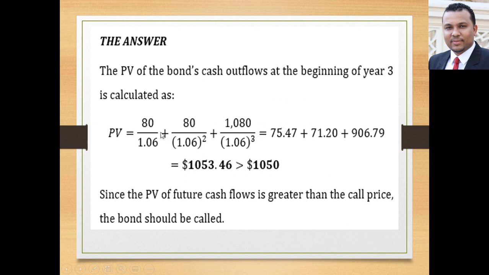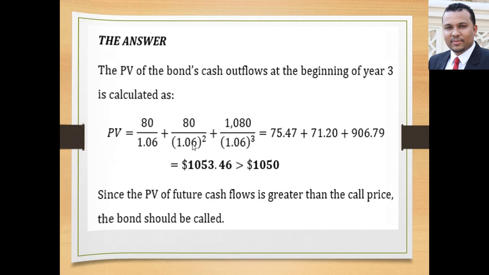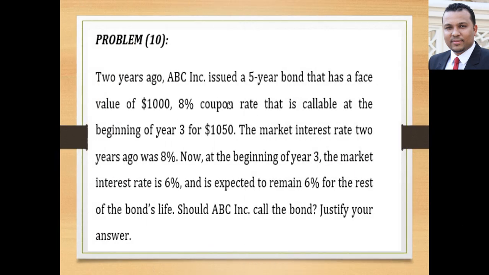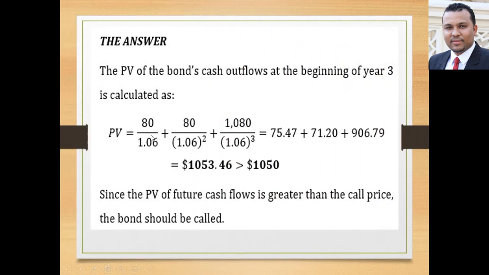So this is 80. 80 equals the coupon rate times the face value. The coupon rate in our example equals 8%, so 8% times $1,000 equals $80 in year 1, divided by 1 plus the interest rate. The interest rate is 6% from year 3, so the power equals 1.